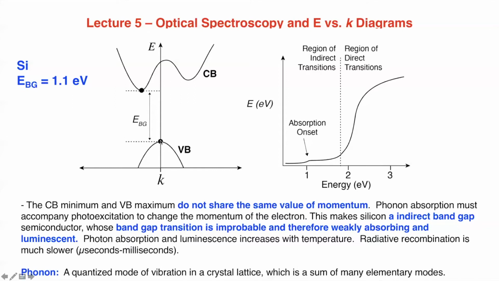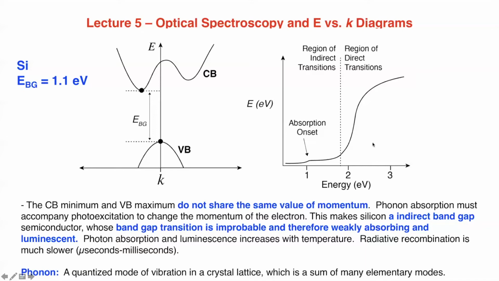Say, for example, the k equals 0 to the k equals 0 value, or maybe the k equals pi over 2a to the k equals pi over 2a value. So an indirect band gap semiconductor often has a region of low probability transitions approaching the band gap energy, and then a much higher energy region of direct transitions.